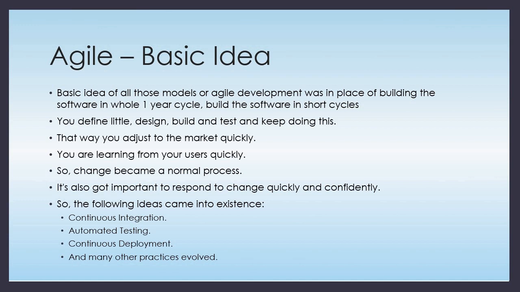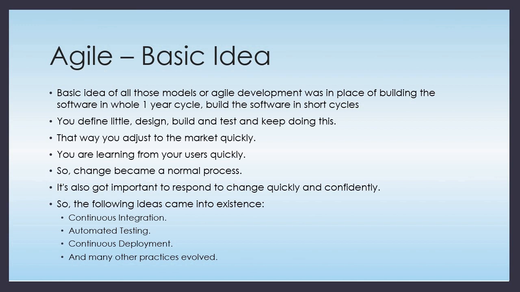One needs to define a little, design a little, build, test, and keep doing this process. In this way, one can adjust to the market very quickly and also learn from the users. So, change has become a normal process. It also became important to respond to change quickly and confidently.